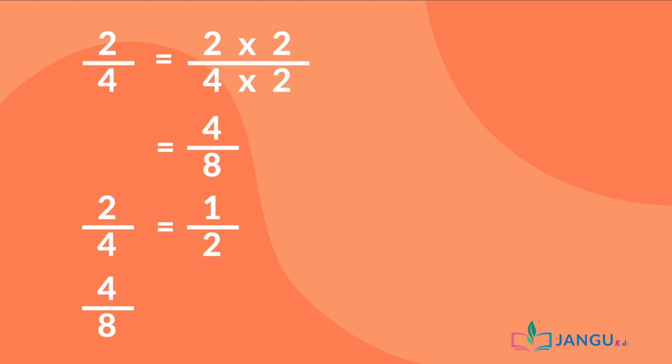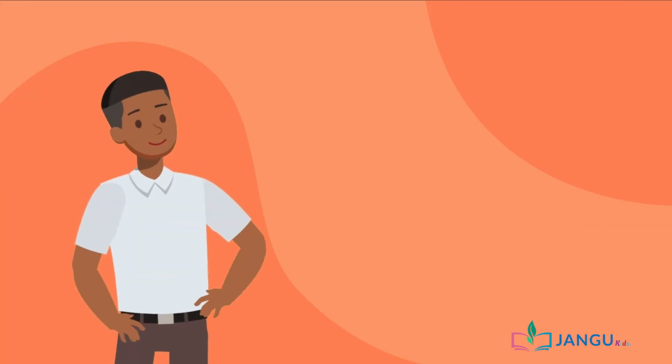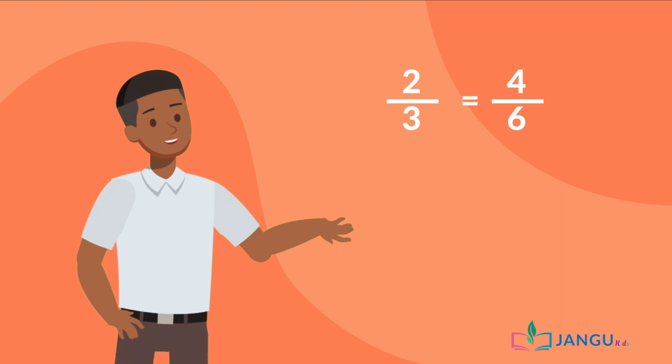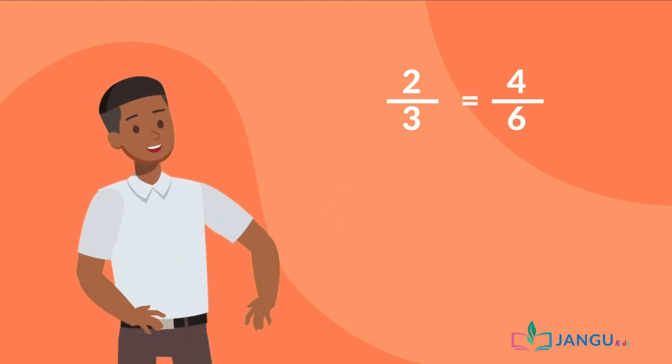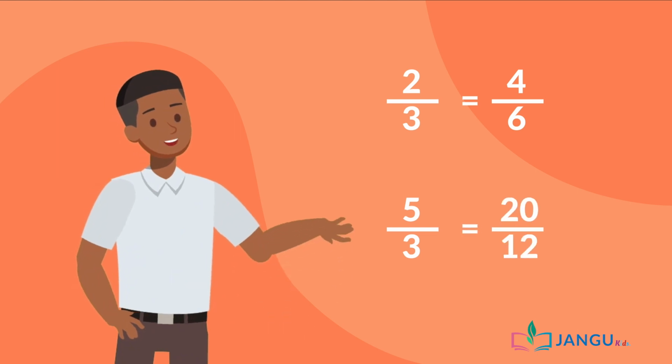Similarly, 4 over 8 is also equivalent to 1 over 2. Now, do you understand why 2 over 4 is equivalent to 4 over 8? Awesome! Other equivalent fractions include 2 over 3 and 4 over 6, 5 over 3 and 20 over 12, and so on and so forth.